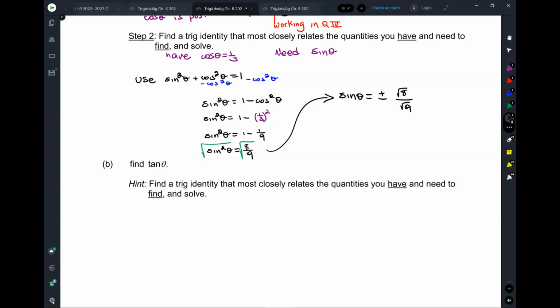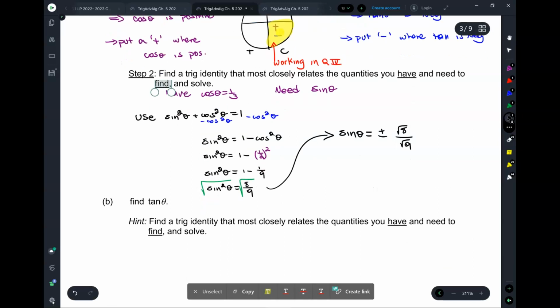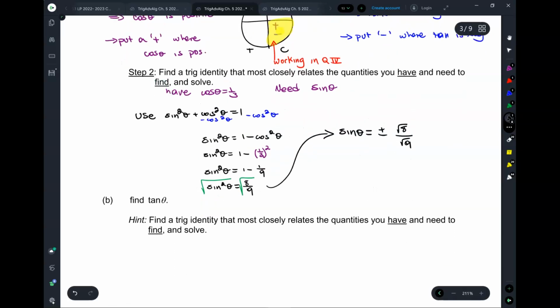Now, which quadrant did we say we were working in? The fourth, and we're looking for sine. In the fourth quadrant, sine is negative. So here I'm going to take the negative version. I say sine is negative root 8 over root 9.